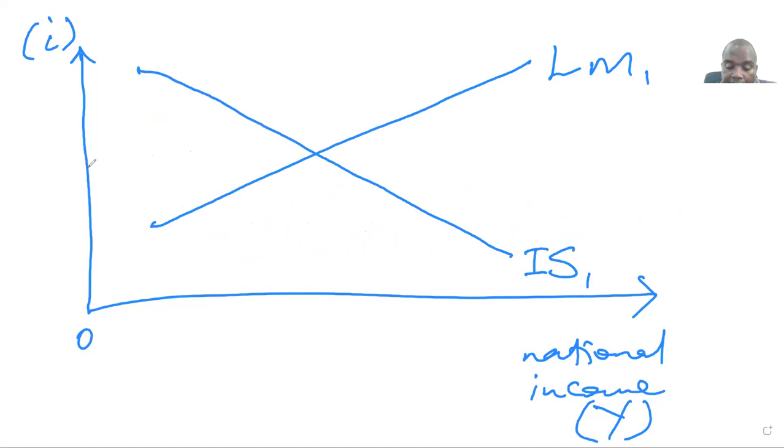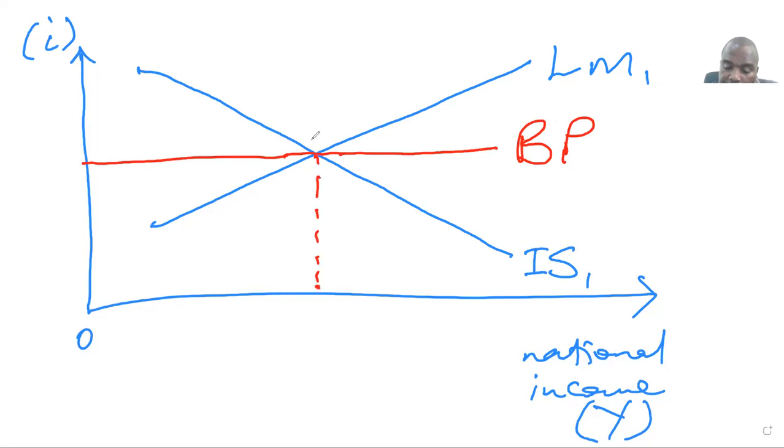And then we draw our BP curve, which I will label BP. So at this point, E0, we have got Y0 and the interest rate, which is R0.